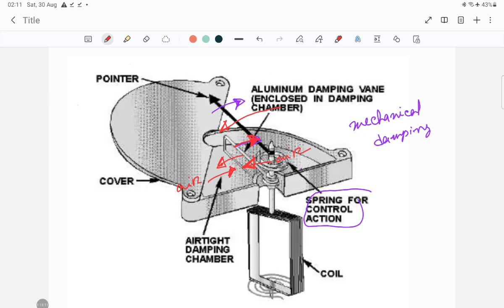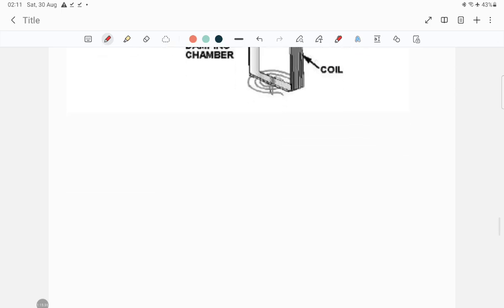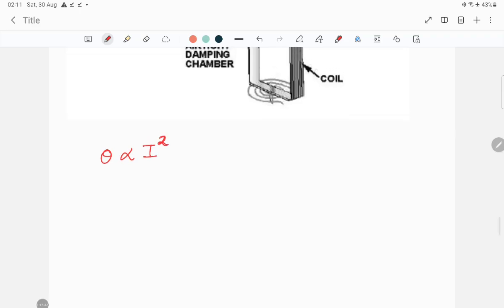One thing to add with this particular dynamic meter is that you have to use a calibrated scale. Why the calibrated scale? You have already seen that theta is proportional to I square, where I is the current flowing through the moving coil.